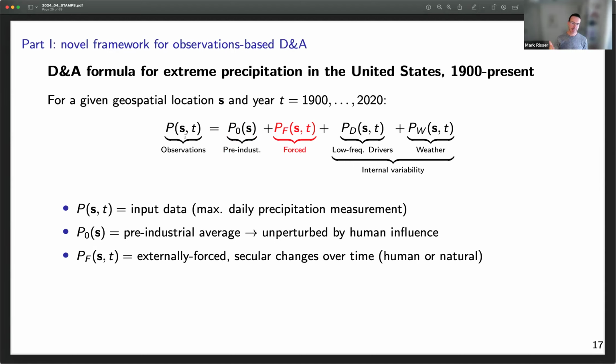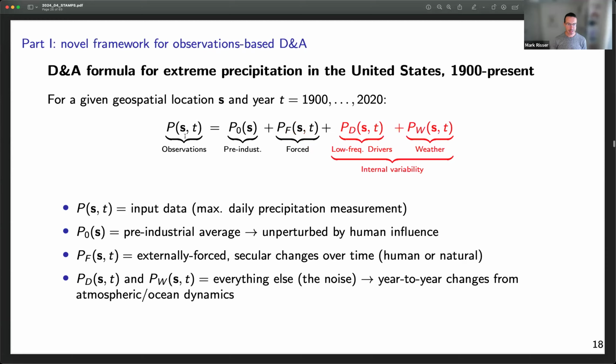This is trying to get at secular changes over time. This could be externally forced, meaning outside of the natural Earth system. So these could be human elements, which I'll say more about in a minute. It could also be natural forcings, things like volcanoes or solar or other things as well. But that's the forced piece.